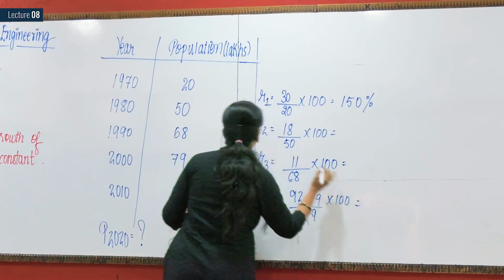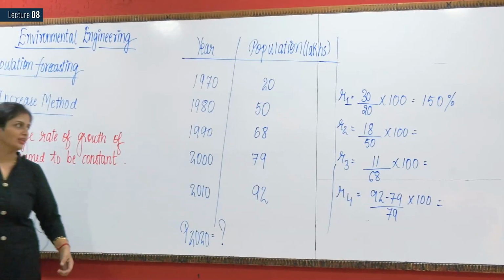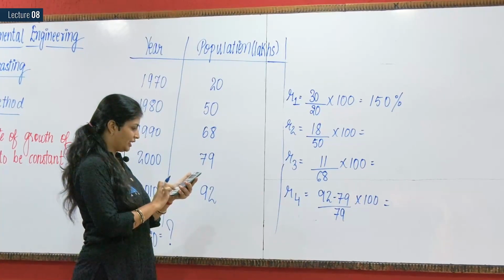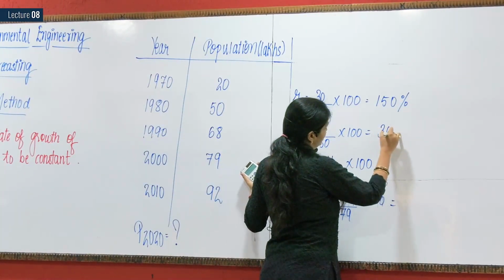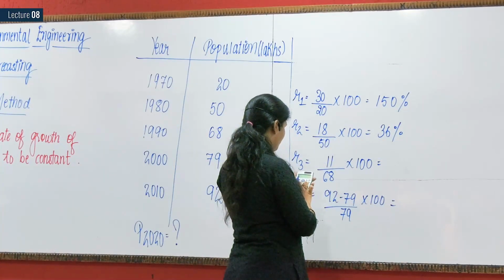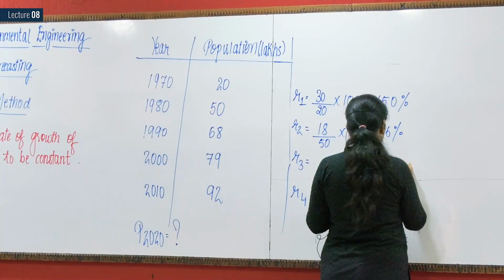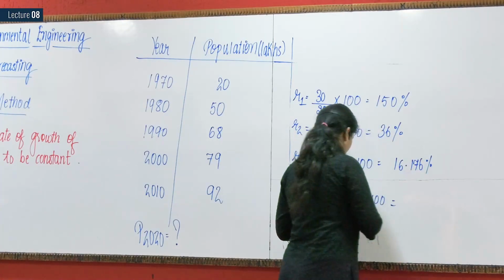So let us calculate the values of all these 4 percentage rates of growth. 1800 divided by 50 comes out to be 36%. Then 11 divided by 68 into 100 is 16.176%.